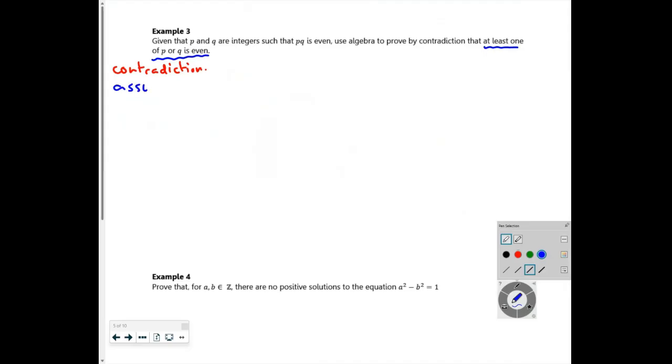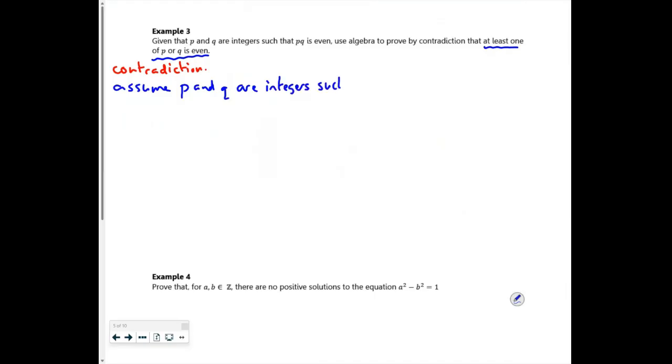So assume P and Q are integers such that PQ is even, and P and Q are not even, so they're odd.